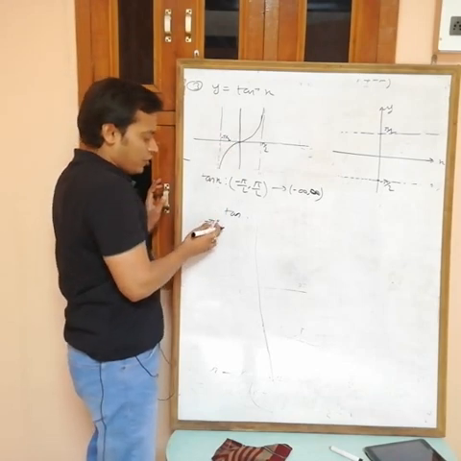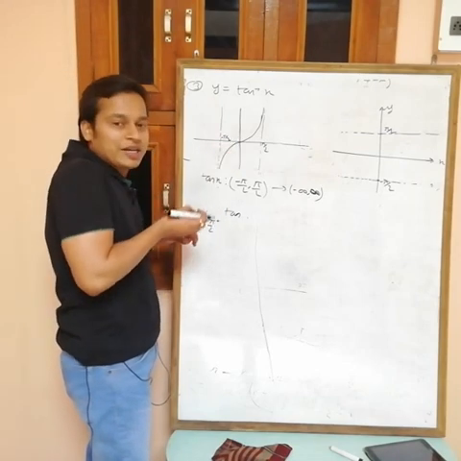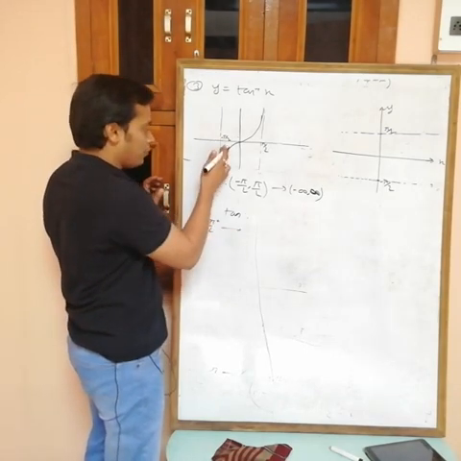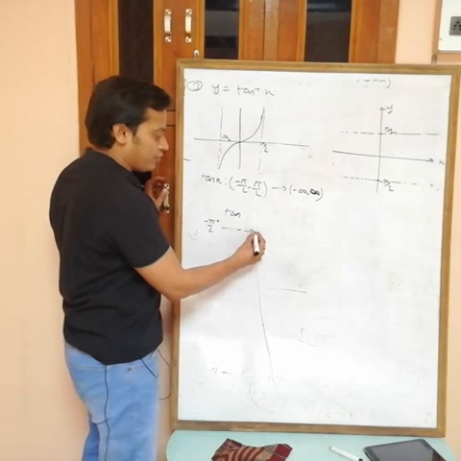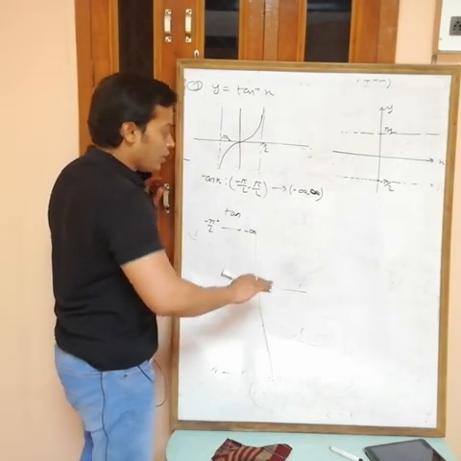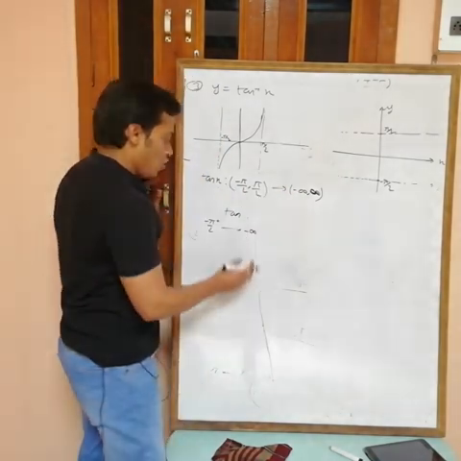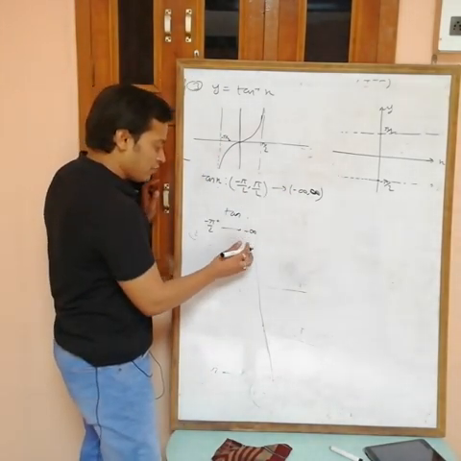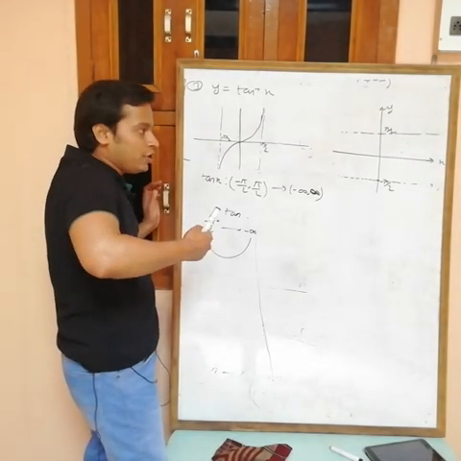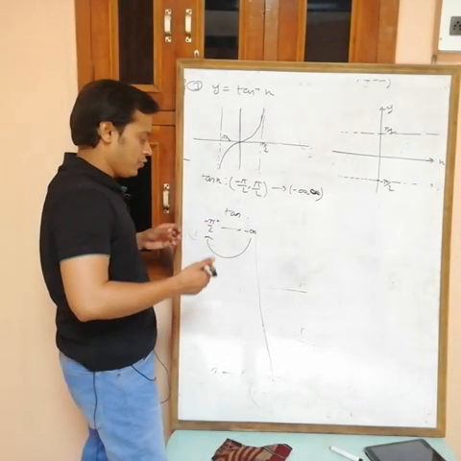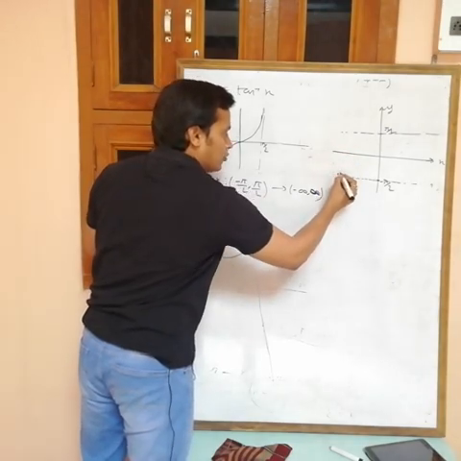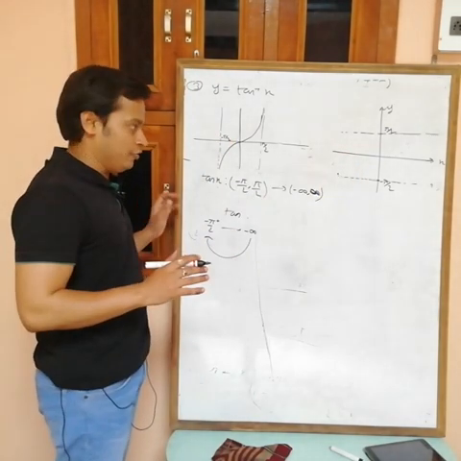So in case of tan inverse, the value of tan inverse at minus infinity is minus pi by 2 plus, just greater than minus pi by 2.